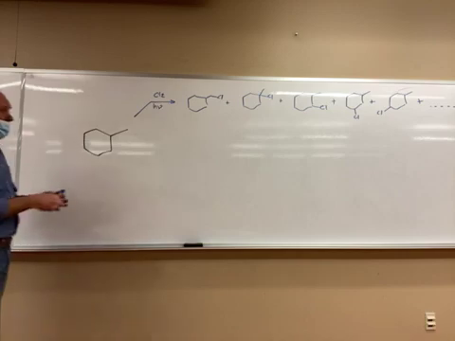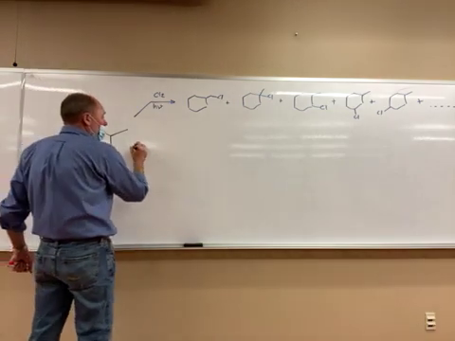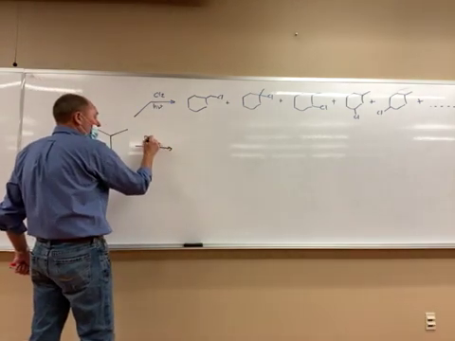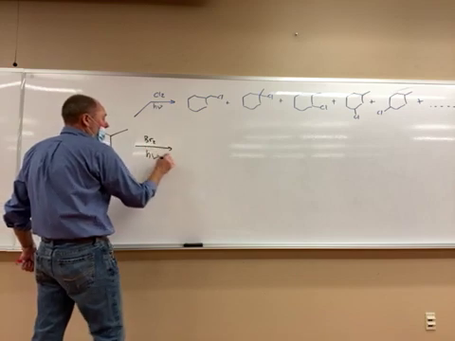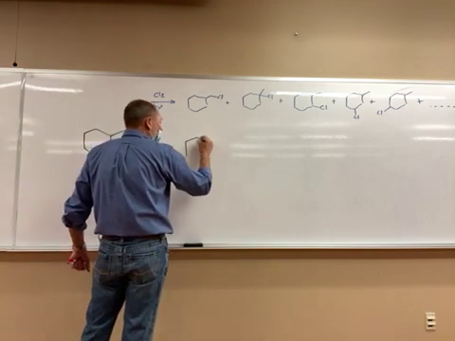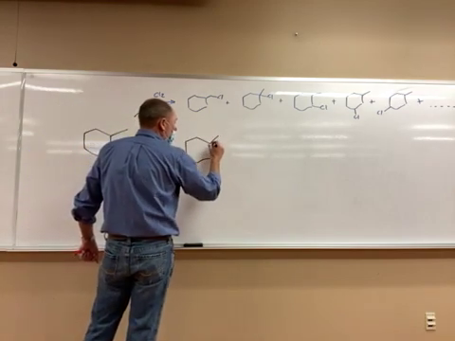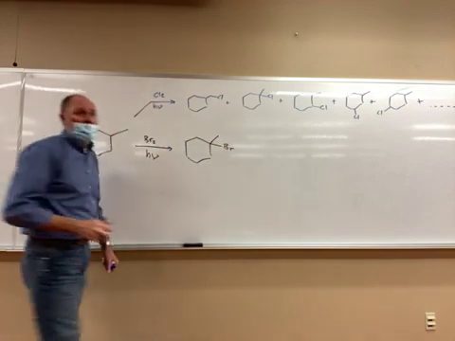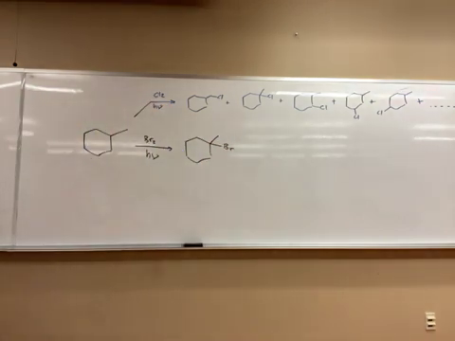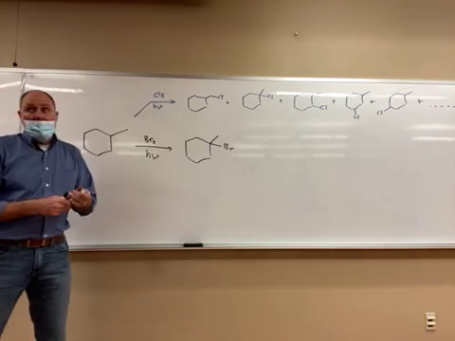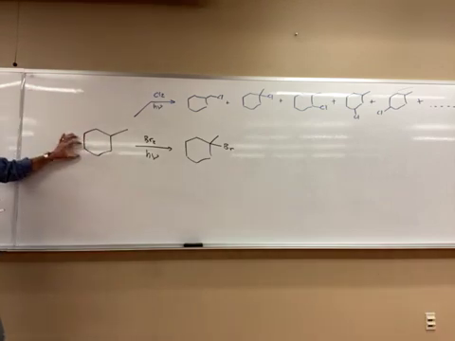But in bromination, I can come in and hit this with bromine and light, and I get only this out. Okay? Now watch what happens. When I put that bromine on right there, I now have a handle on an otherwise pretty useless molecule.